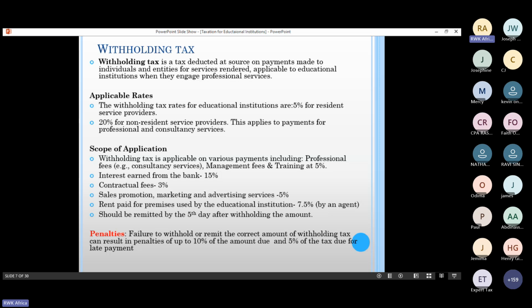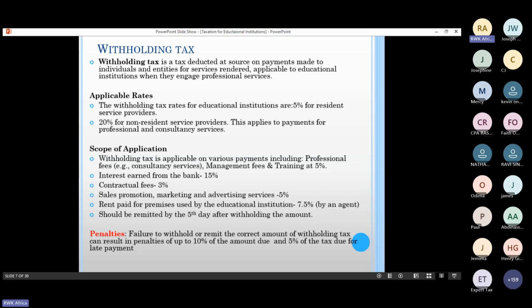So at the end of the day, it's an extra cost you're going to pay to KRA, yet you also paid the service provider 100%. So we should have that discussion with the service provider so that you can be on the same page to enable you to be compliant.